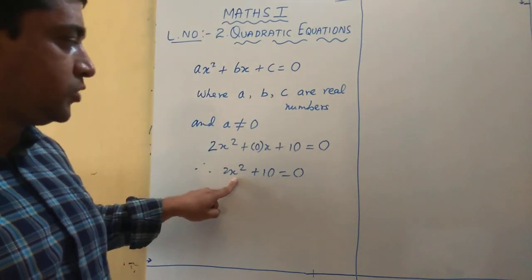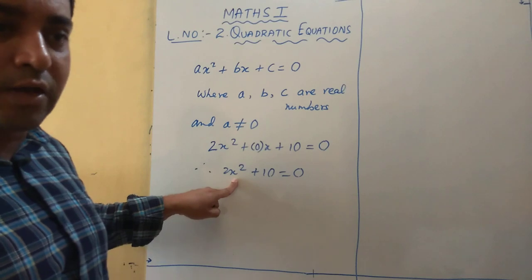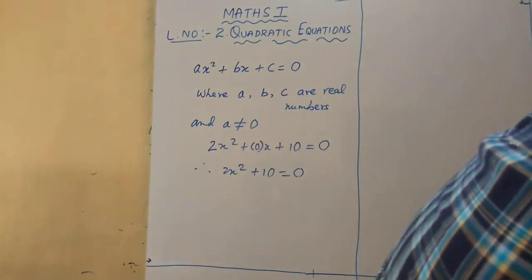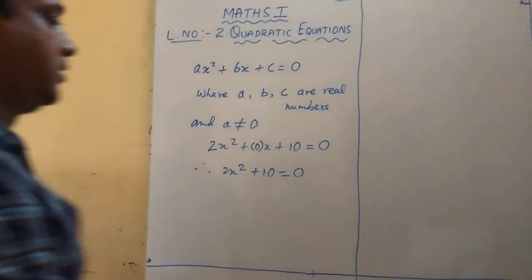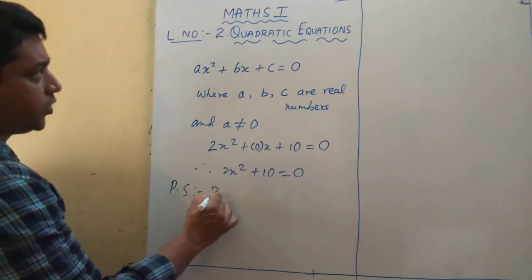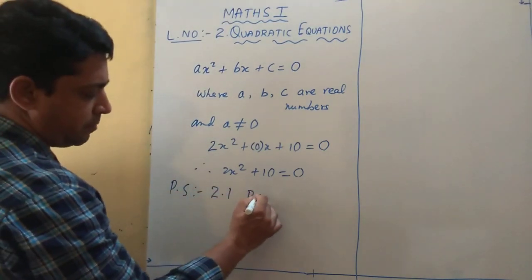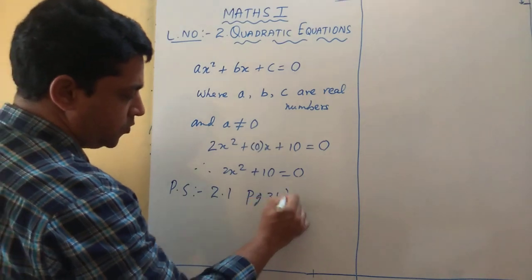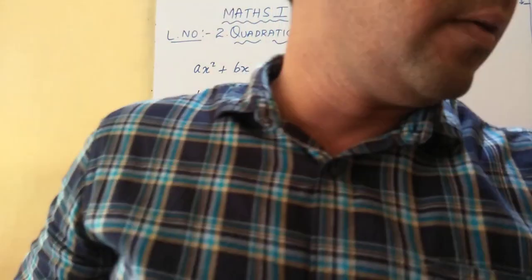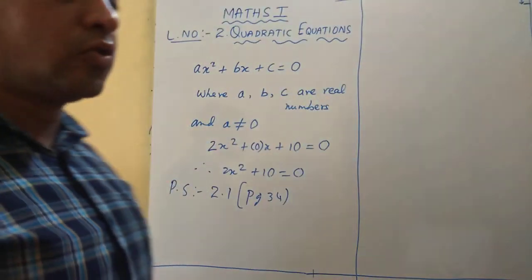Okay, let us proceed to the actual exercise now, which is on your page number 34. Okay, practice set 2.1, page number 34. So if you have a textbook, you can open it and go to the first question.